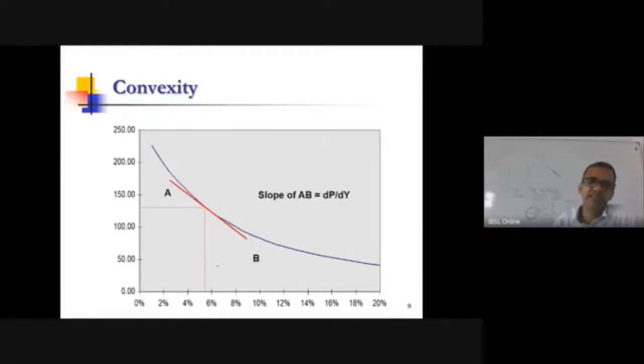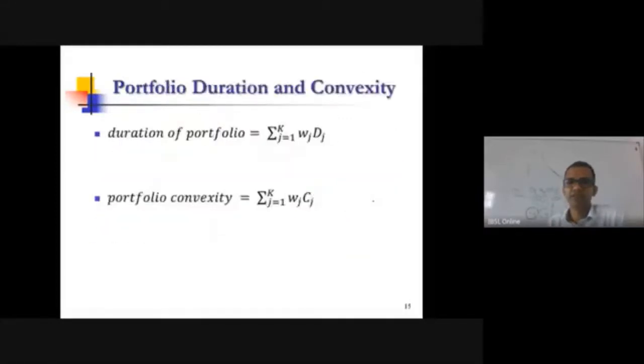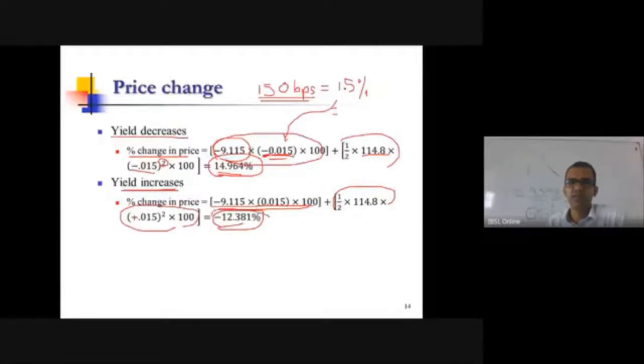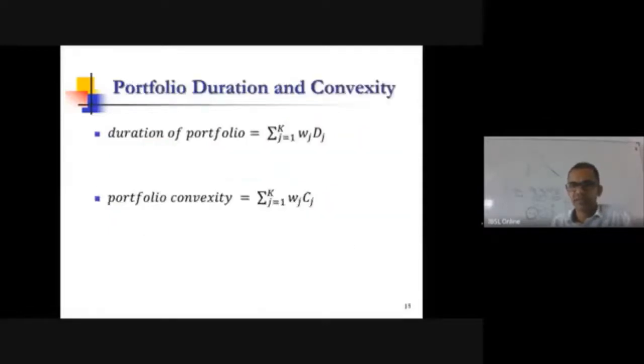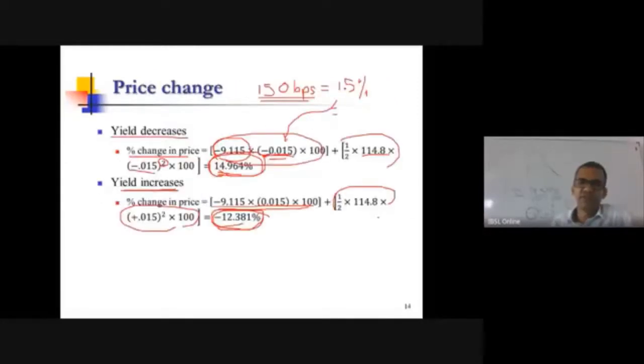So when yield decreases, price increases at a higher rate, but when yield increases, price decreases at a lower rate. So you get a smaller negative figure than this positive figure. This is the impact of convexity and how you calculate it. Once you get this percentage change, you can estimate the new price the same way that we used earlier.